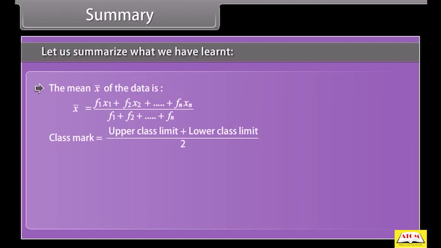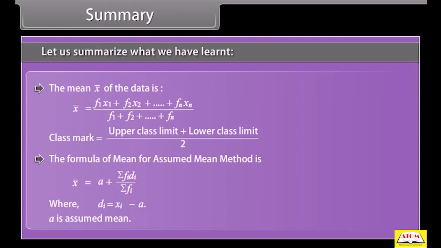Class mark equals upper class limit plus lower class limit upon 2. The formula of mean for assumed mean method is assumed mean plus summation of the product of fi and di divided by summation of fi, where di is equal to xi minus a. A is assumed mean.